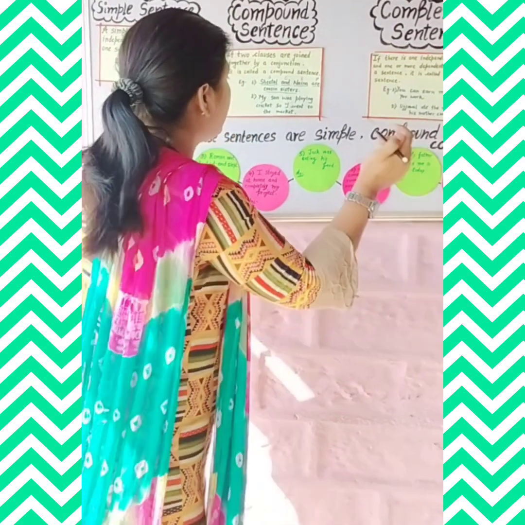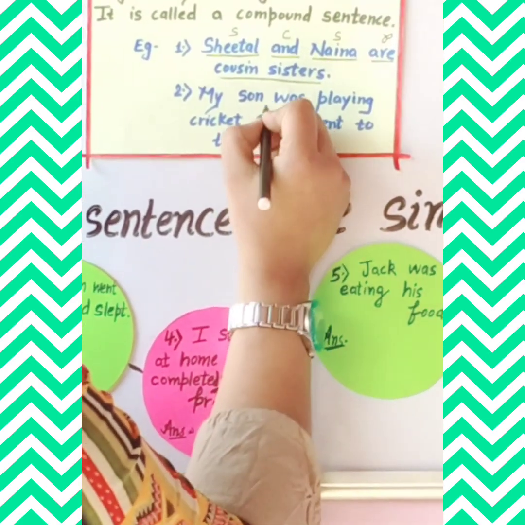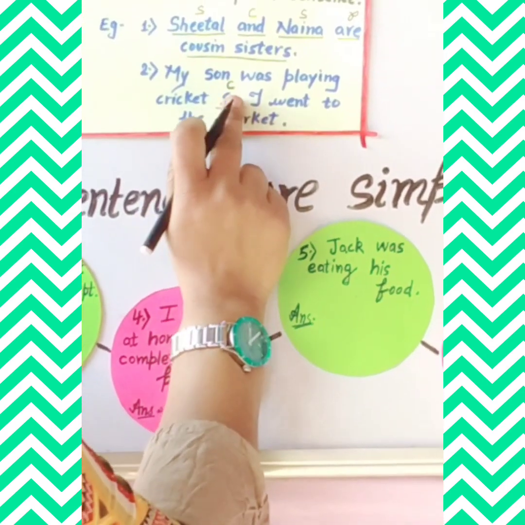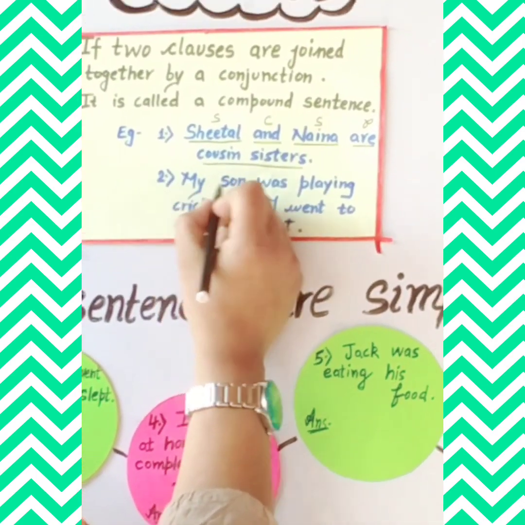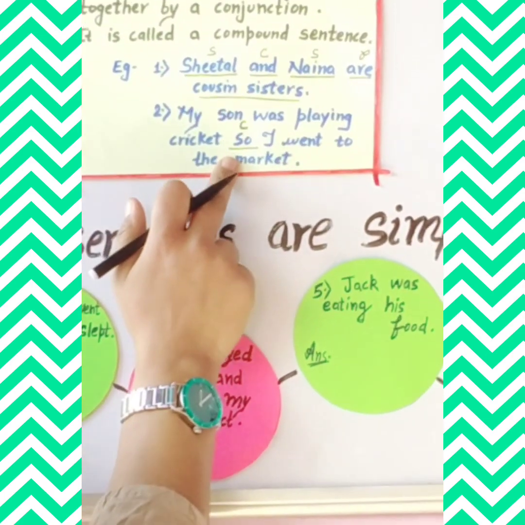Here you can see that these two sentences are joined by the so. ये हम किससे join कर रखा है? So से हमने join कर रखा है. So this is conjunction. ये क्या है आपका? Conjunction है. बाकी ये क्या है आपके? Two clauses है, right? I hope you have understood it well.